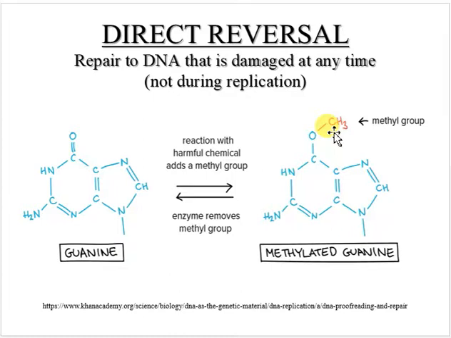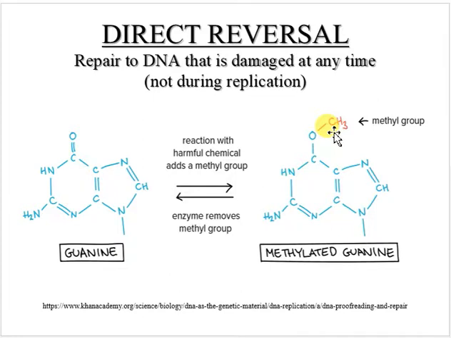So it can only function on small sections of damaged DNA. But that's okay, because even though it operates on small sets, its simplicity and relatively high degree of accuracy make this direct reversal mechanism rather attractive to the cell. It's efficient, it's quick, and again, very easy.